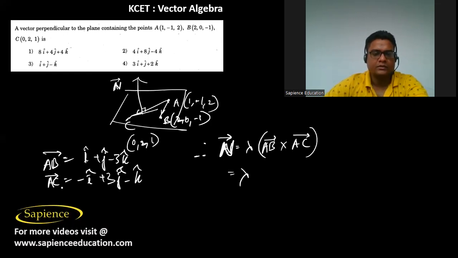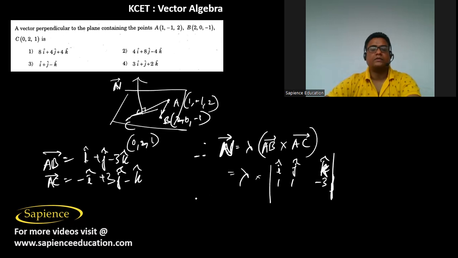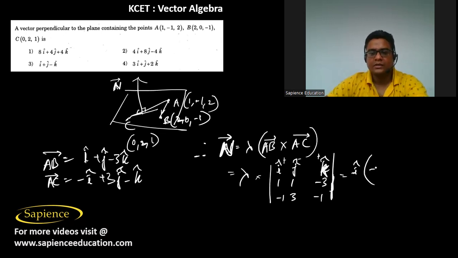So AB vector cross AC vector will be the determinant of i j k, and then we write the components of AB, which is 1 1 minus 3, and then the components of AC, which is minus 1 3 minus 1. Then we take plus minus plus, so this will be i cap into minus 1 minus of minus 9, which is plus 9.